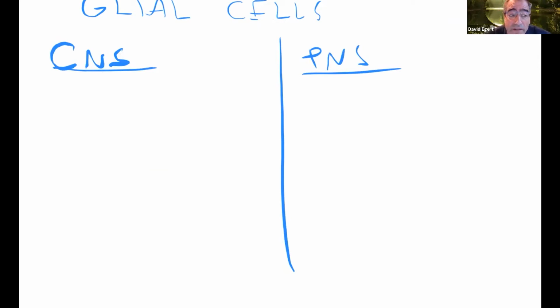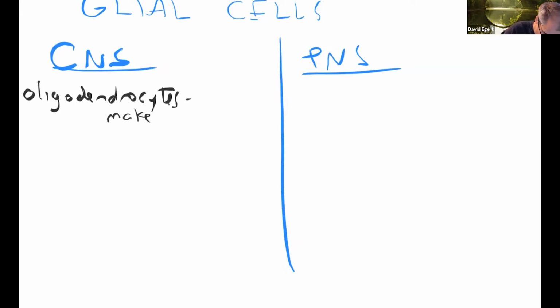The ones in the CNS that make the myelin sheaths are called oligodendrocytes. In the PNS, you also have cells that make myelin sheaths, but they have a different name, it's in a different anatomy, and they have some different roles as well. So I'll talk about that in a second. They're called Schwann cells.